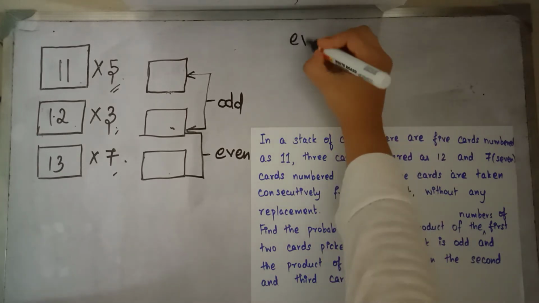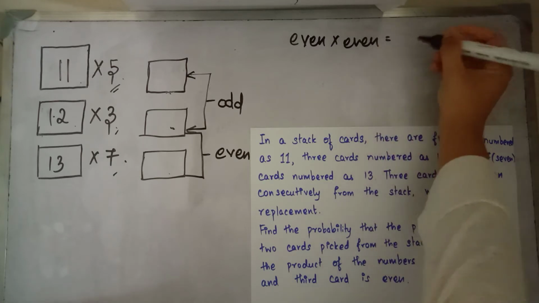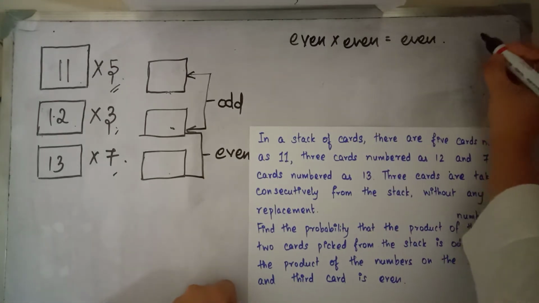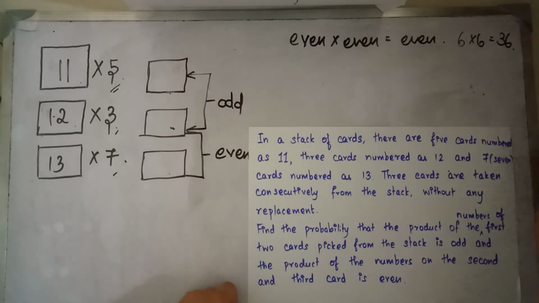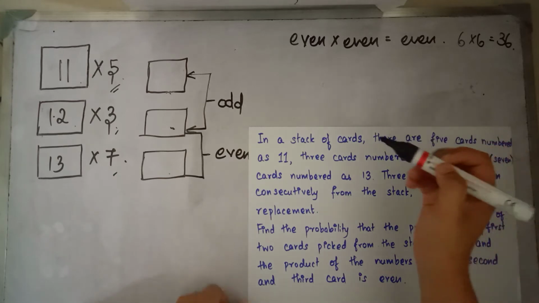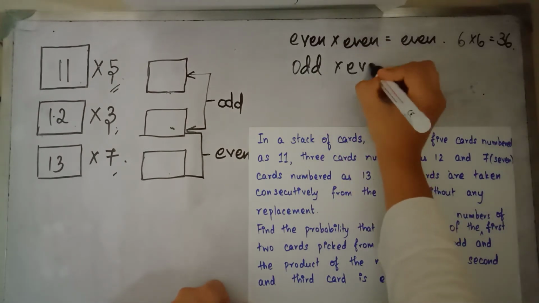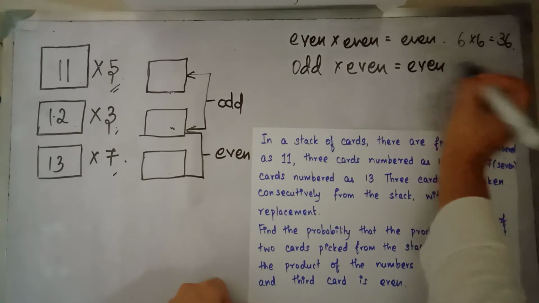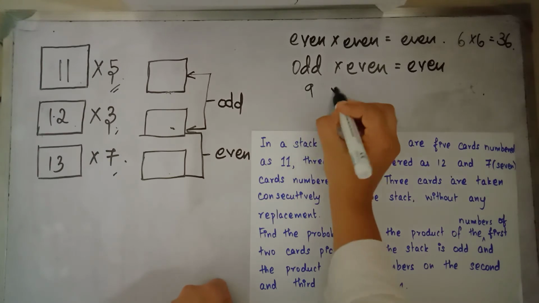So we know that when an even number is multiplied by an even number, we get an even number. An example for this would be 6 into 6. It gives us 36, and 36 is again an even number. Odd into even is again an even number. An example of this would be 9 and 2.